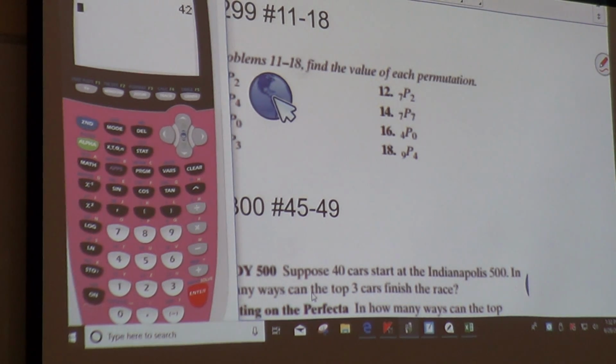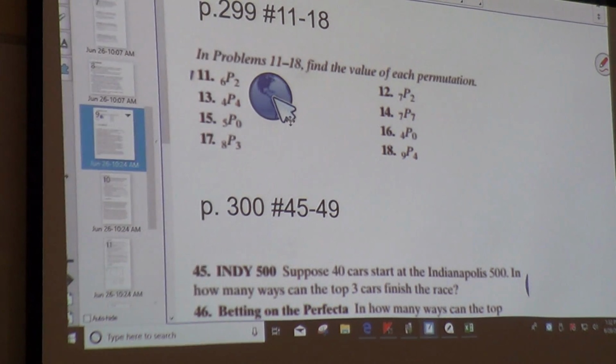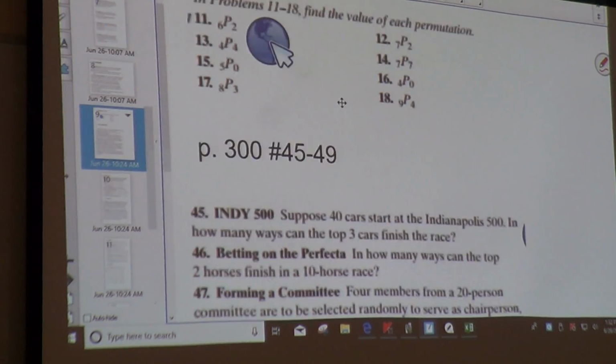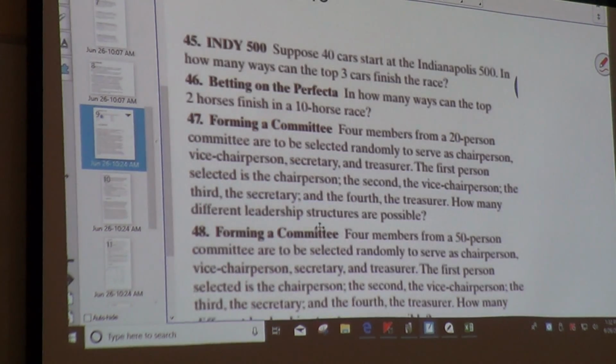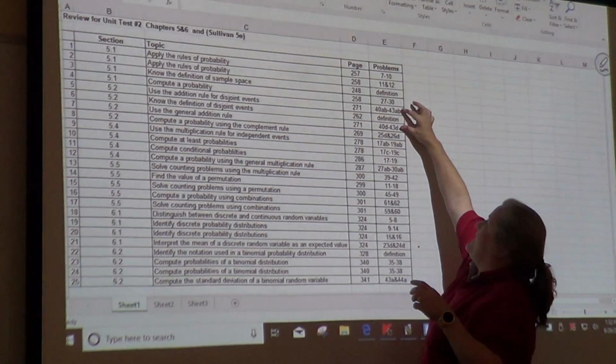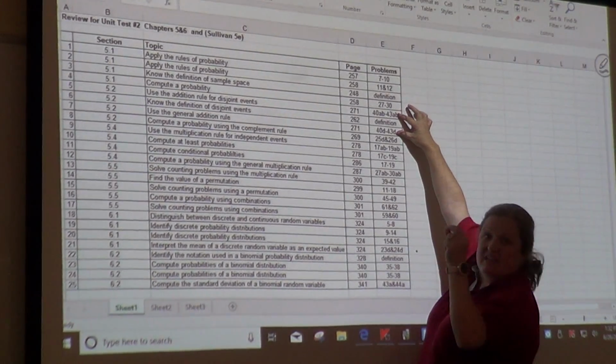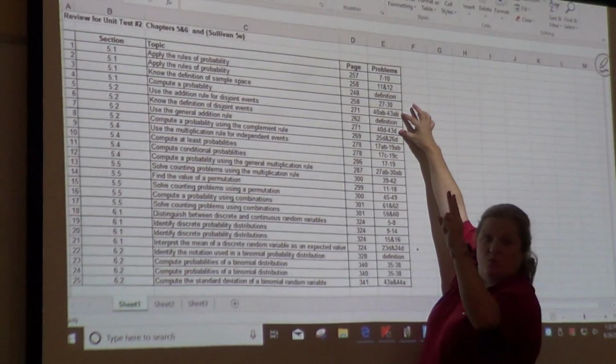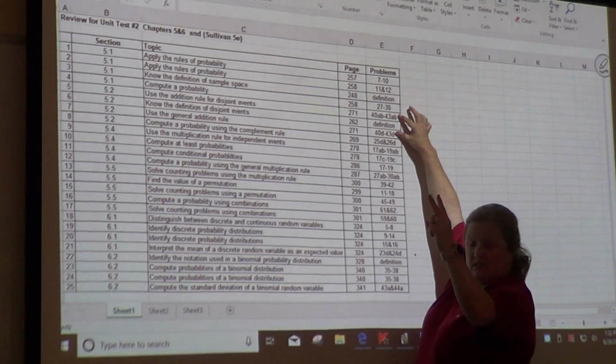If there are things off the formula sheet or things you need to memorize, note them. Every one of these little sections, like when I put a page, that's one problem on the test. The only thing I double dipped was these two I put together, so those represent two problems on your test.